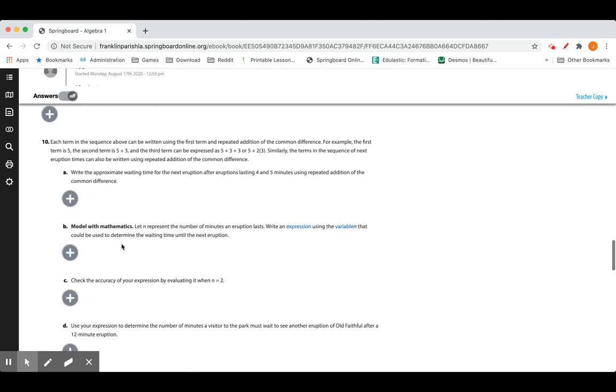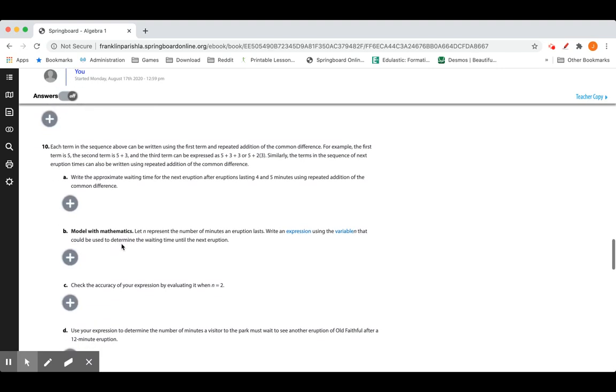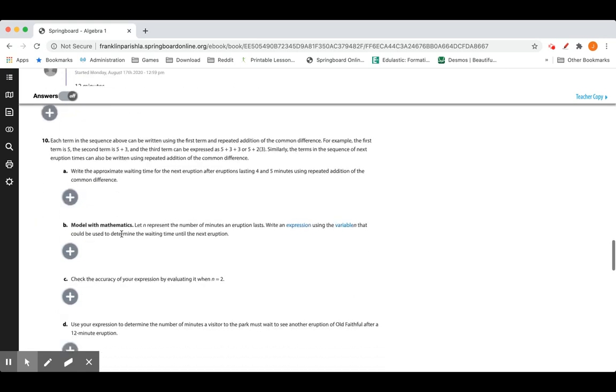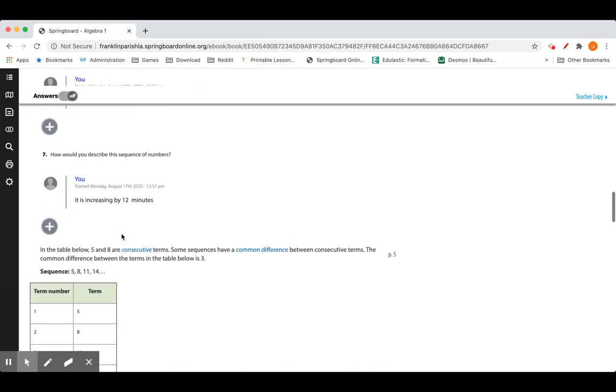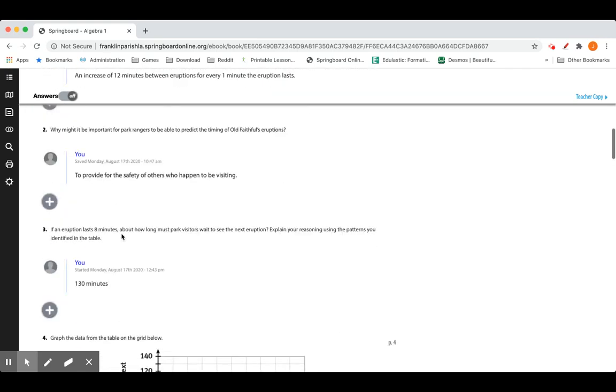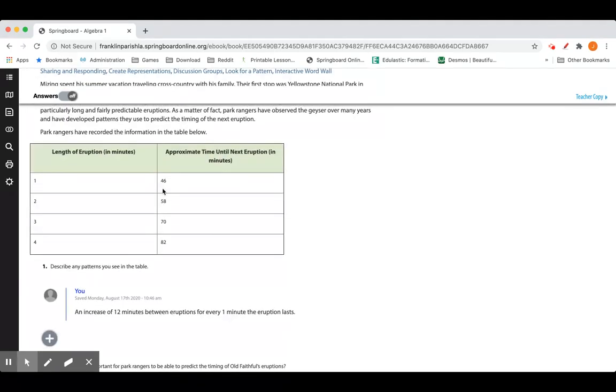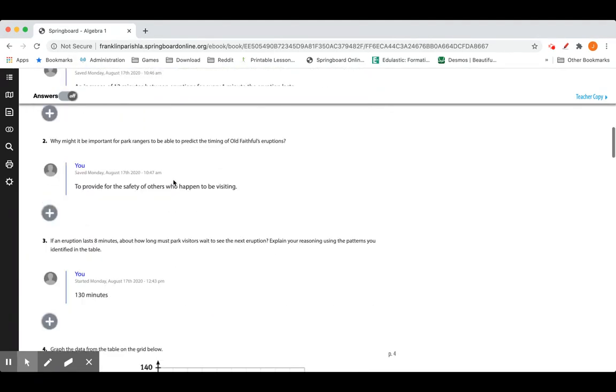Number 10. Each term in the sequence above can be written using the first term and then repeated addition of the common difference. Remember what the common difference was? Right there. The first term, we go back up to the very chart that we're talking about. First term until the next eruption was 46.